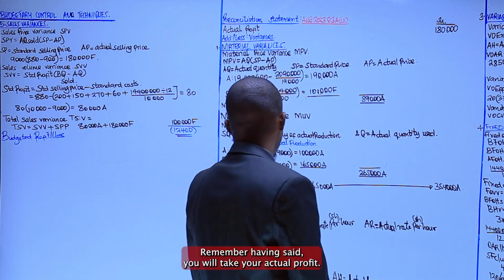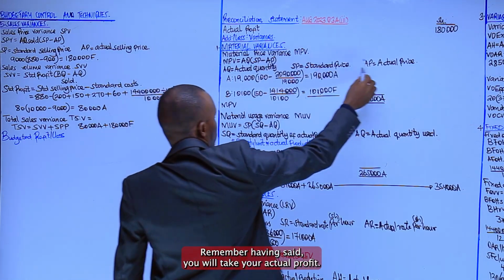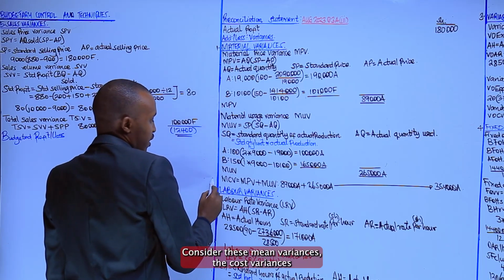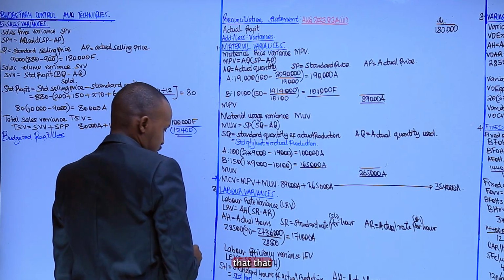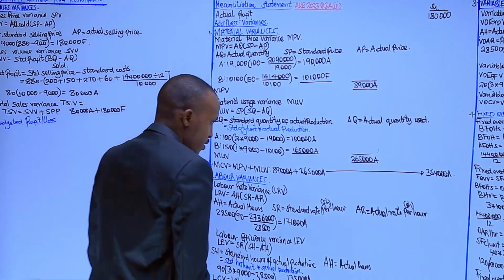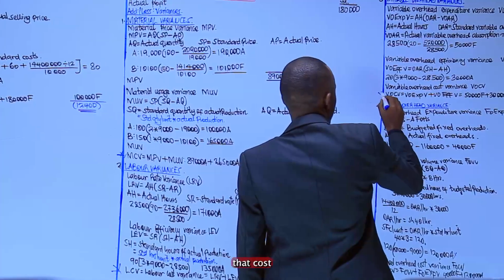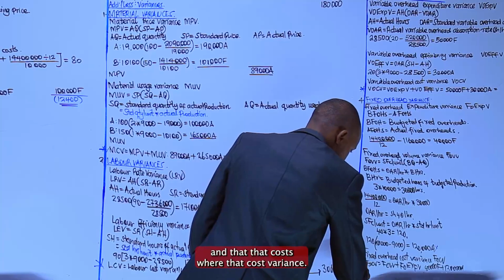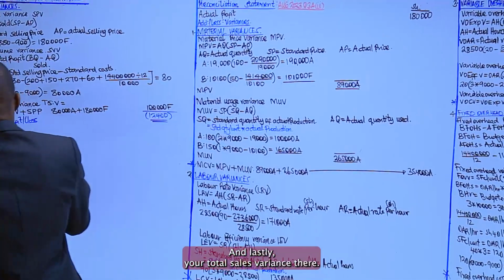Remember, I've said you'll take your actual profit, consider these main variances, the cost variances, and lastly your total sales variance.